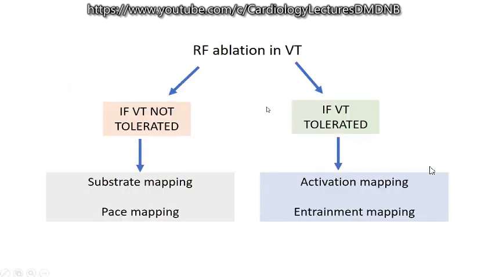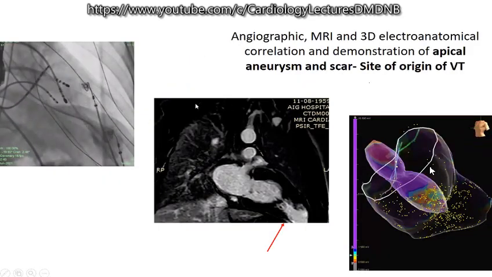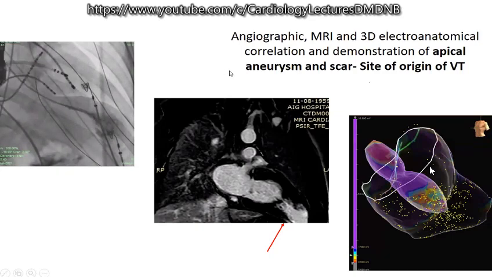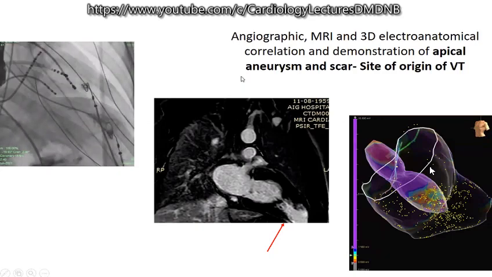This, I think, has already been discussed in detail by Dr. Vikram as well as Dr. Muttaya. So here, our plan was to go ahead with the substrate mapping and pace mapping. This is just to depict that there is a good angiographic, MRI, as well as 3D anatomical correlation. The first picture shows the pigtail shot where the LV aneurysm is depicted. And again, the MRI picture shows the LV aneurysm along with the scar.